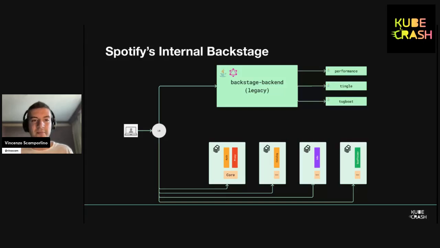So each one of them lives in its own repository, and it's deployed separately from each other. And this is something that really worked well for us, because then you can also step by step migrate the plugins, because both the legacy Backstage and the new Backstage can live together at the same time.